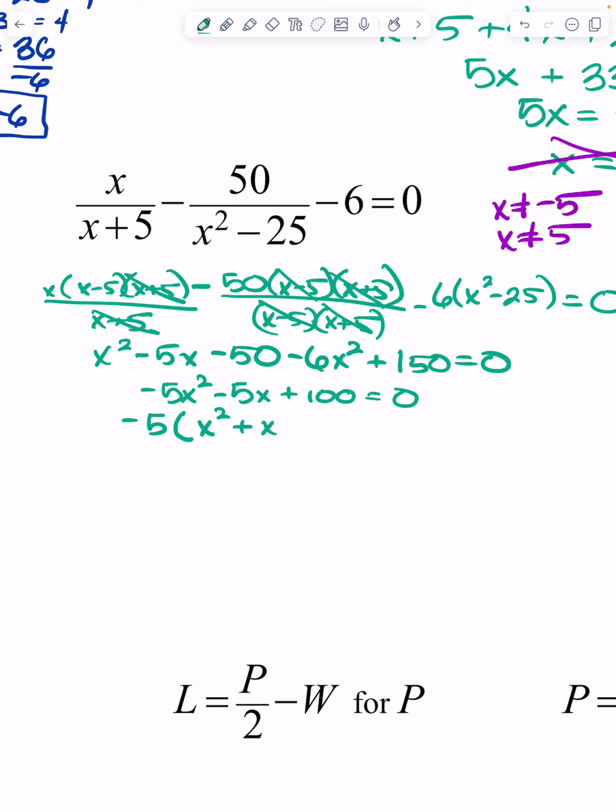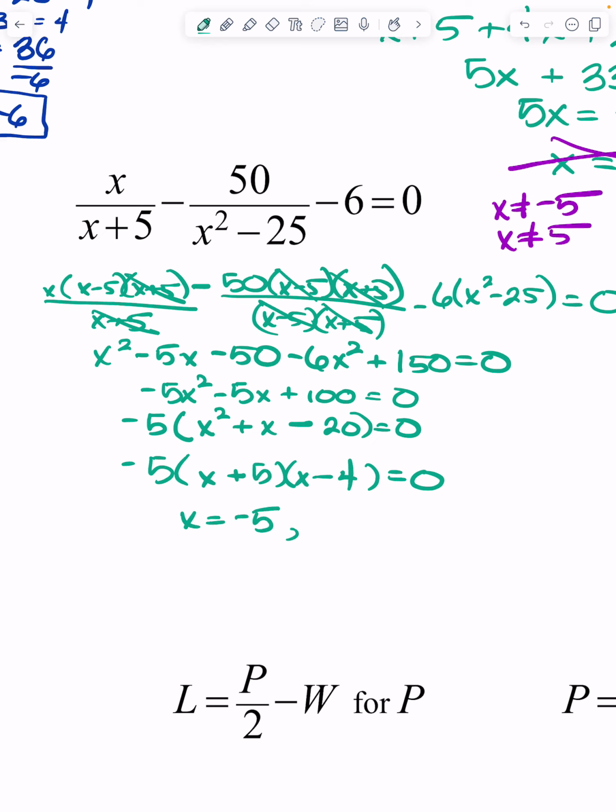I really am not a fan of my leading coefficient being negative. I want a positive one. We got x plus 5, x minus 4. So x equals negative 5, x equals positive 4. We know from up top here that x cannot be negative 5. So our sole solution is x equals 4.